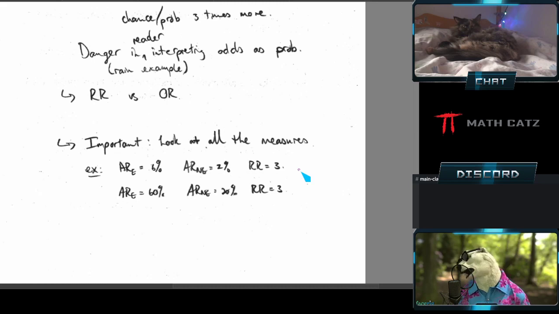Well, actually, that's true. I'm 3 times as likely to have the outcome if I'm in the exposed group. However, in a different situation, I could have an absolute risk exposed group of 60% and not exposed is 20%. The relative risk is still 3. I'm still 3 times more at risk.